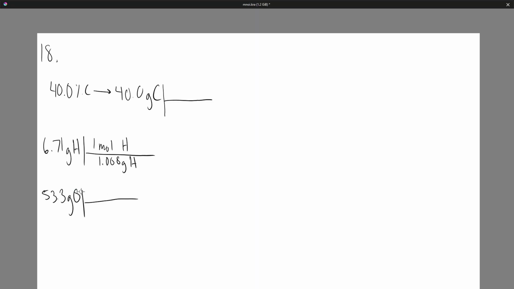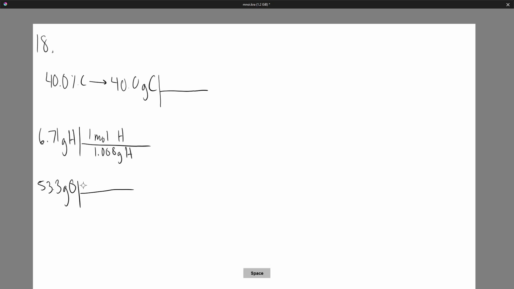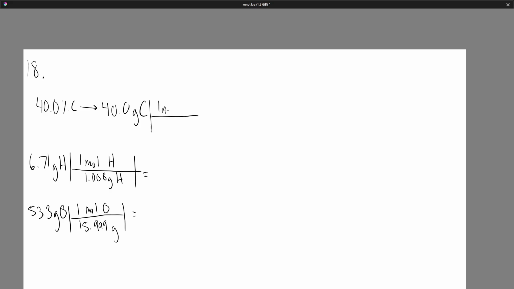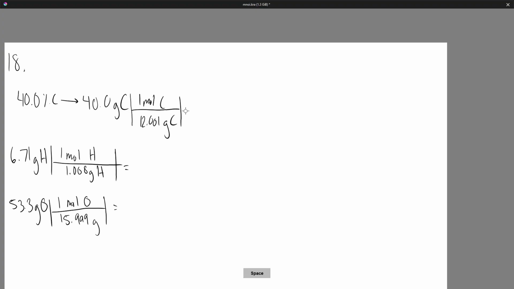Normally you use oxygen gas like O2, but since it's just one oxygen, you only use the molar mass of just one oxygen atom. Like so. And for carbon, 12.001, I'm pretty sure. Yeah.